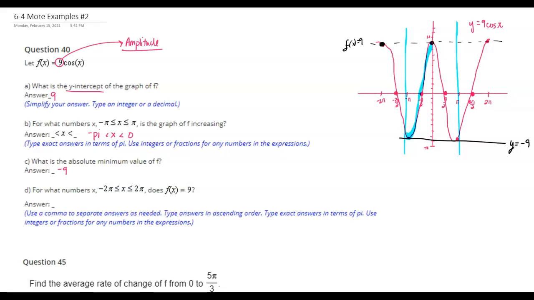So at 1, 2, 3 places. And what are those places? Well, they're negative 2 pi, they are 0, and they are 2 pi. And that's all. So the biggest thing you needed to do here was graph your function. And that way you could visually see and pull the information out from it.